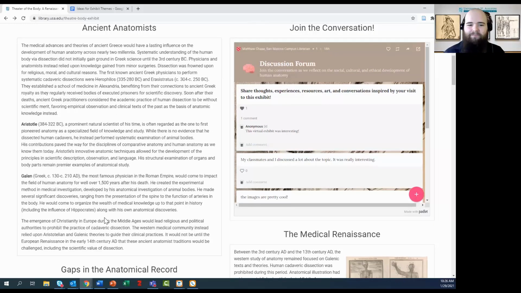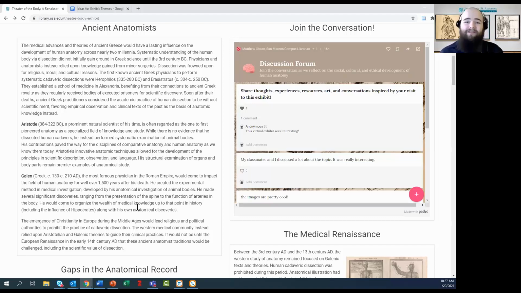Because of that, ending at around 210 AD, anatomy essentially stops developing after Galen's work, because for the most part during the Middle Ages, anatomists would just rely on the texts and drawings of this one person who had curated a bunch of information on anatomy, but really hadn't done dissections themselves.